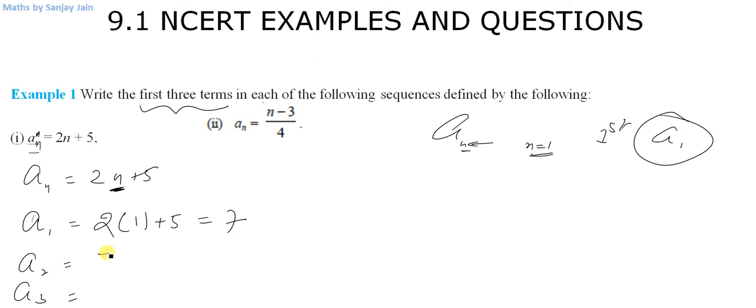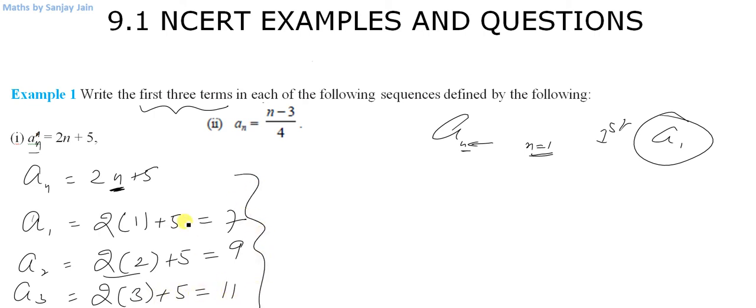This is my first term. When I replace it with 2, I'll have my second term, that is 4 plus 5, 9. And if I replace it with 3, I'll have 6 plus 5, 11. So these are the first three terms of this sequence, which is defined by this a_n.